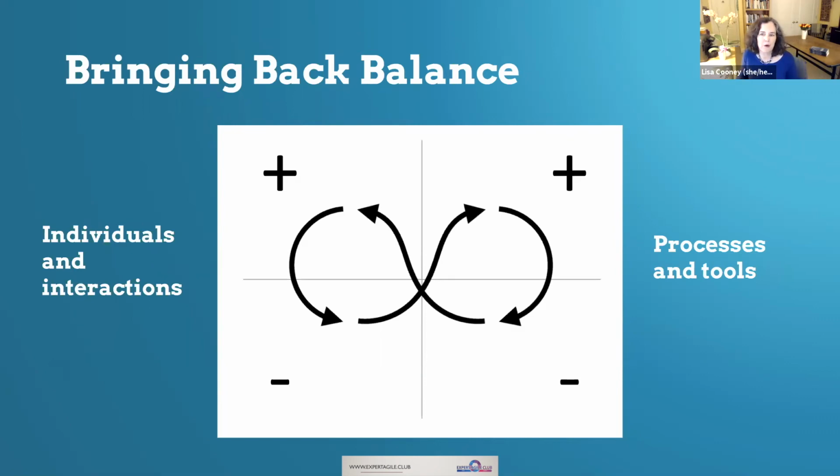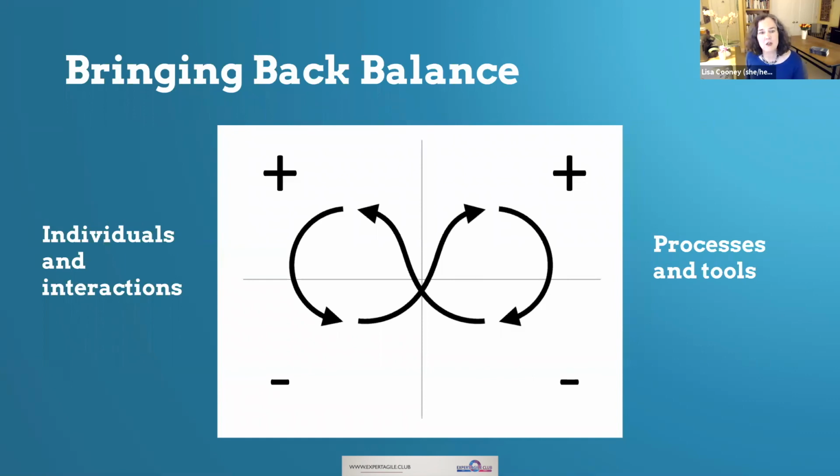So for example, we say we value individuals more than processes and tools. A reasonable person, though, might be in a situation where there's an exception because the tool that you're using doesn't work, right? And so nobody can get their work done. And you can focus on the individuals all you want, but unless you get a better tool or fix the tool you've got, you can't move forward.